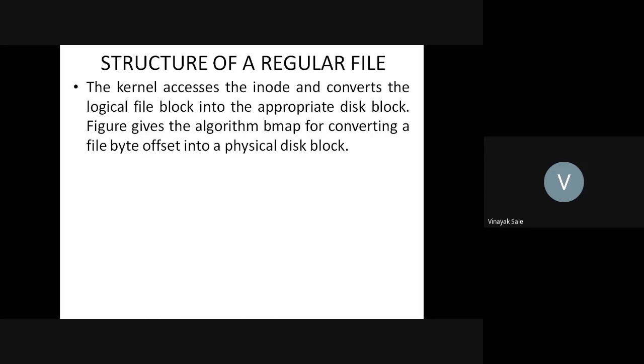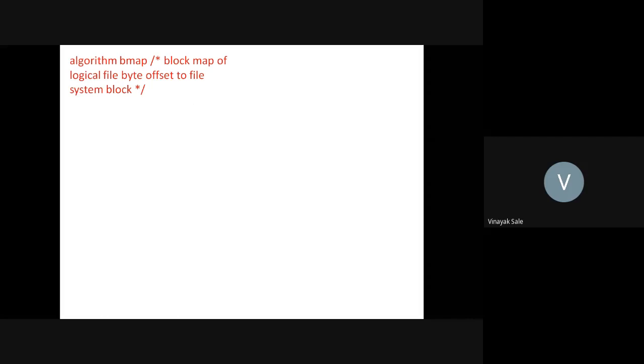So the kernel accesses the inode and converts the logical file block into the appropriate disk block. The figure gives the algorithm bmap for converting the file. Follow the algorithm. Bmap is the block map of a logical file byte offset to a file system block.